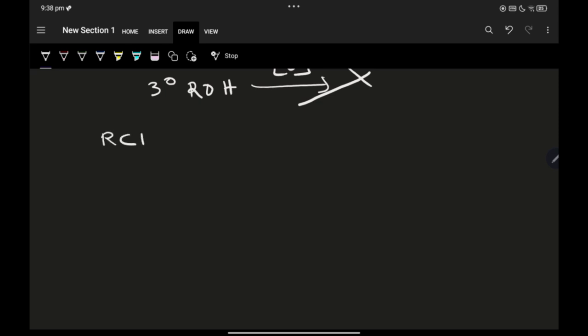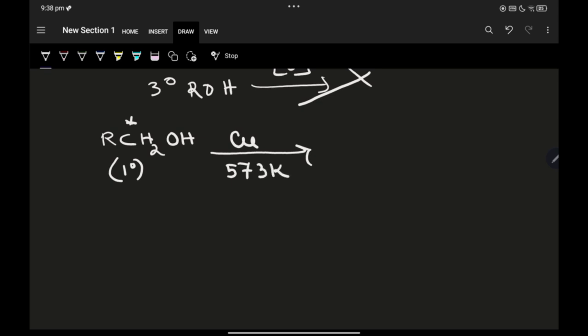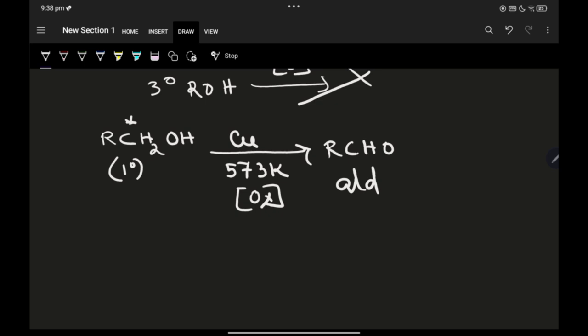If I take 1 degree alcohol, this is your 1 degree alcohol. I treat it with copper 573 Kelvin. It will undergo oxidation and it forms RCHO. It gives you aldehyde.